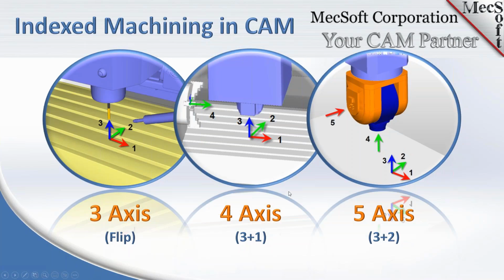Okay, so let's go ahead. If you look here on the left, this is your standard 3-axis coordinate system, with Z being up at the spindle. And then in the middle, on 4-axis, you have your typical 3-axis operations as you did on the left, but you also have a 4th axis that is rotating. This rotating axis is locked in place at any particular angle, 20 degrees, 30 degrees, whatever.